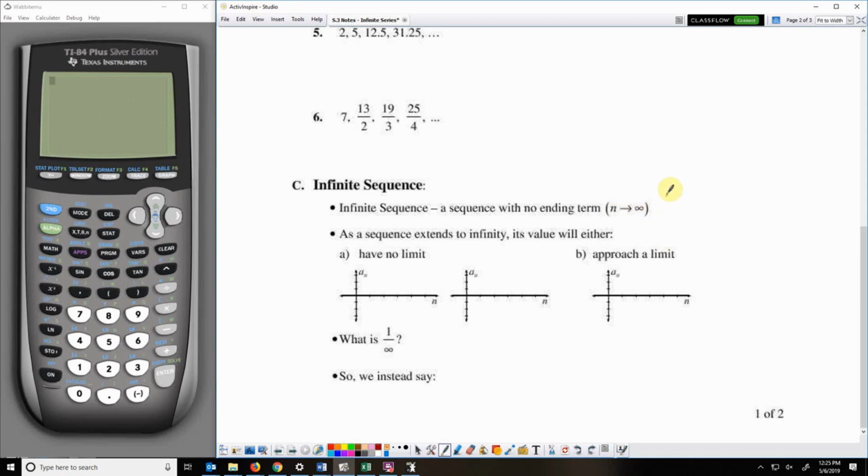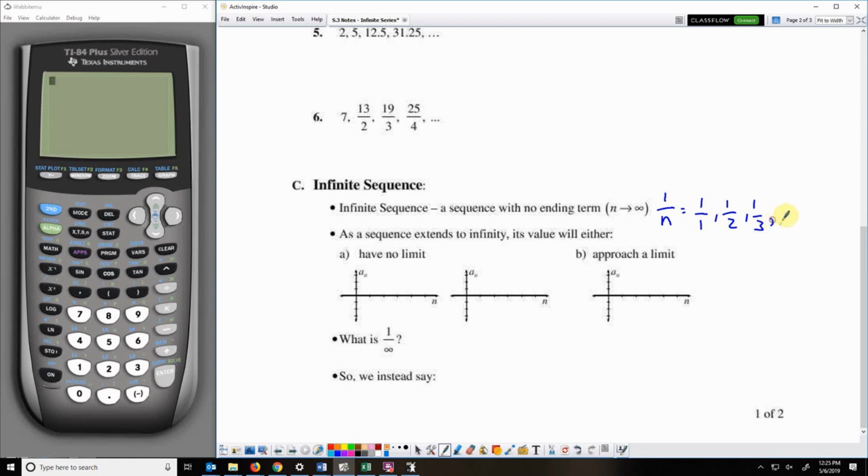As an example, if a sequence can be represented by 1 over n, then term 1 is 1 over 1. Term 2 is 1 over 2. Term 3 is 1 over 3. These numbers in this case keep getting smaller and smaller because the denominator is getting bigger and bigger.